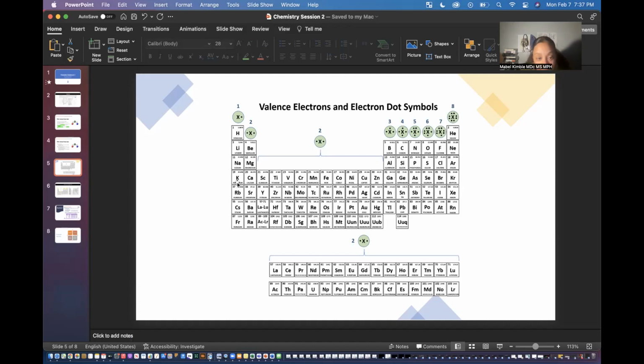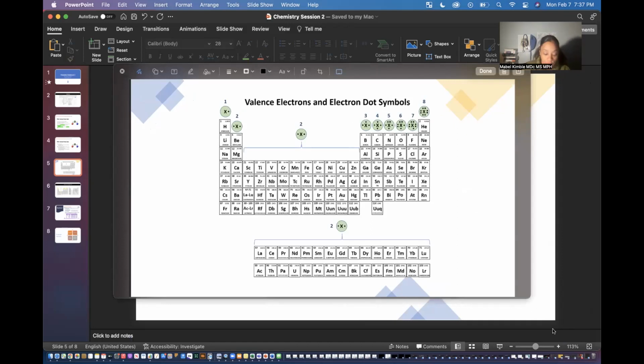Because group 1 has one valence electron, let me show you in writing. Let's take sodium, Na, which has one valence electron in its outer orbital, a lone valence electron on its side.